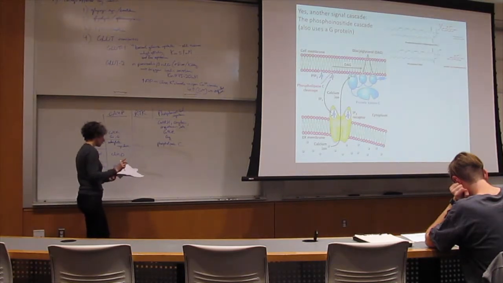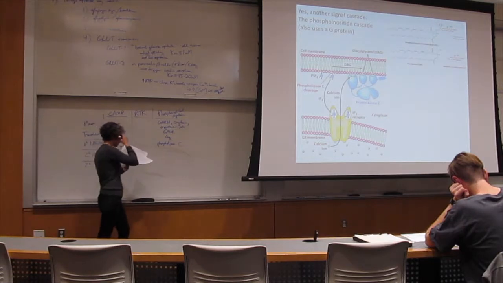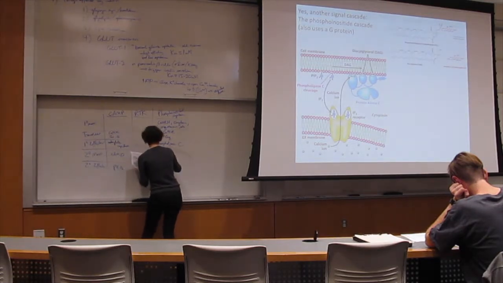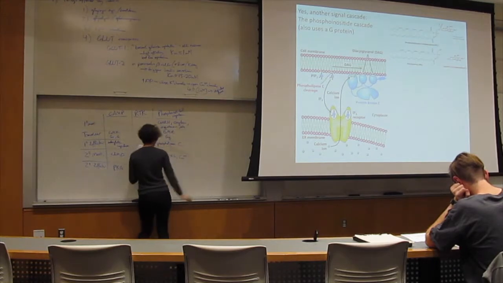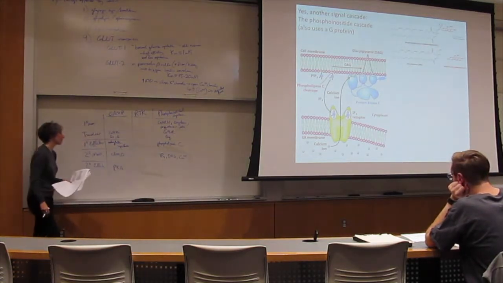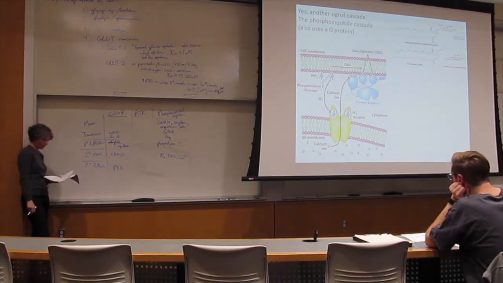Instead of adenylate cyclase creating cAMP, the phospholipase C is going to result in the molecules IP3 and DAG. You'll see what those are in just a second. And then indirectly, that's also going to lead to increasing calcium in the cell. So those are our secondary messengers, IP3, DAG, and then also calcium.